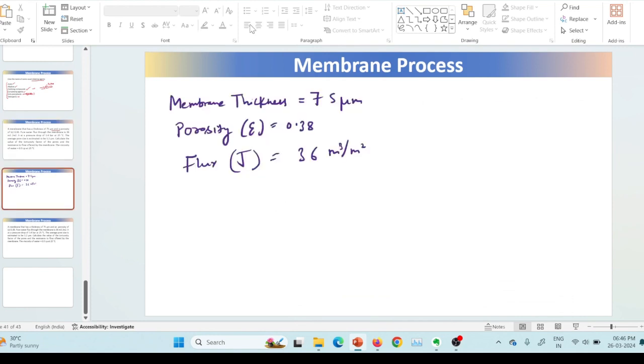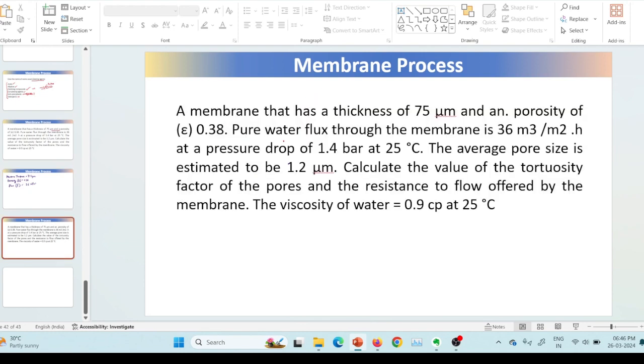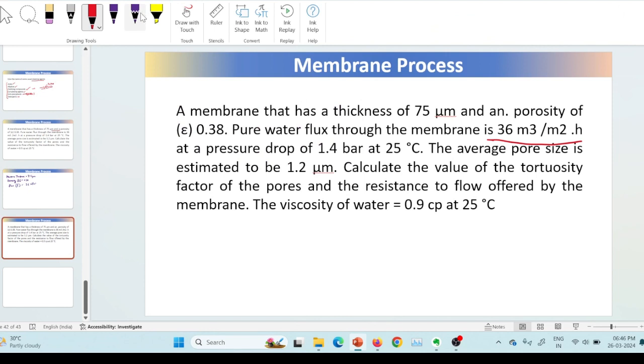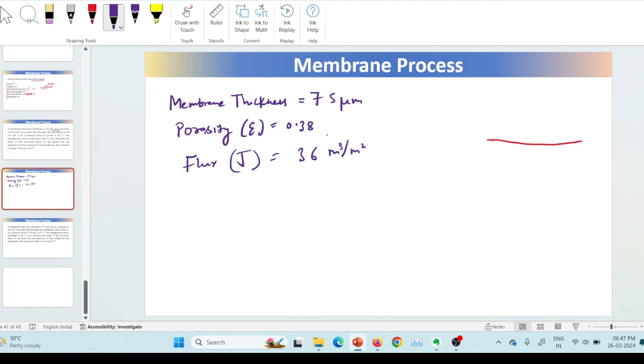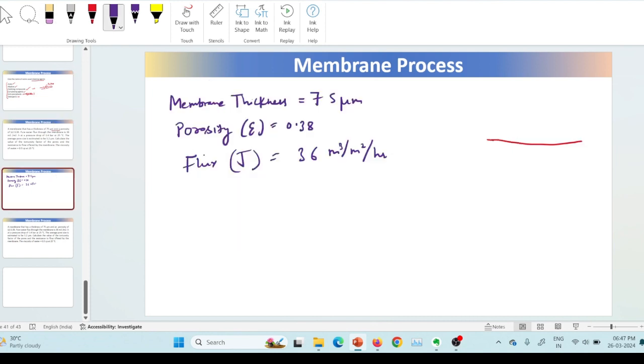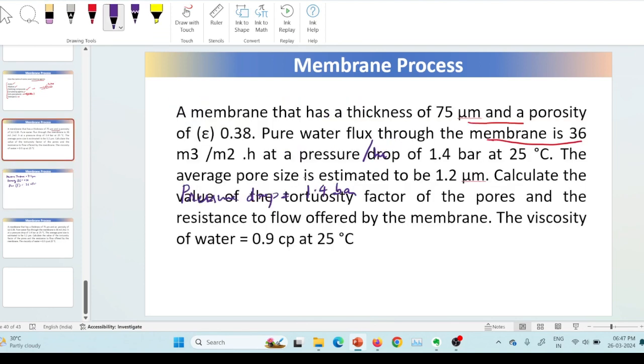So it has a flux of 36 meter cube per meter square per hour and a pressure drop of 1.4 bar.